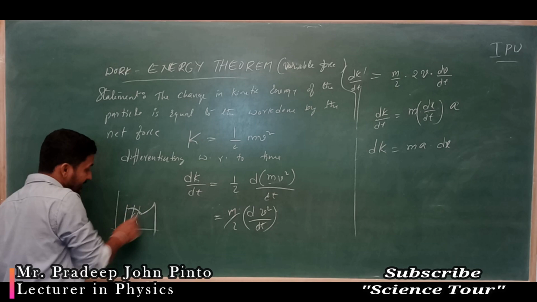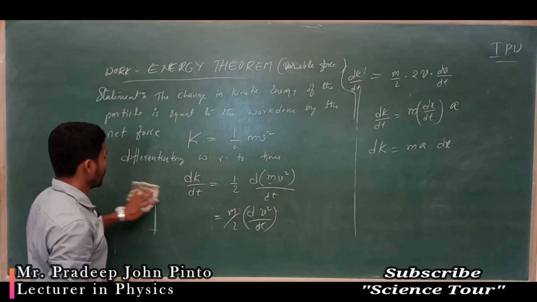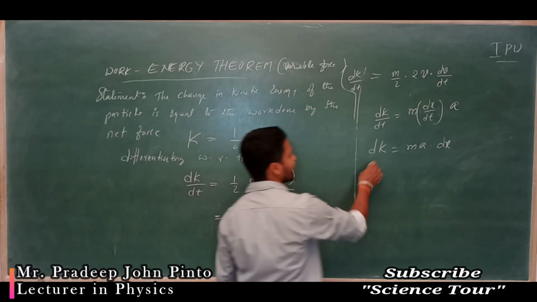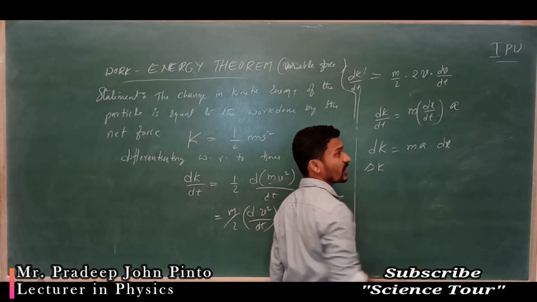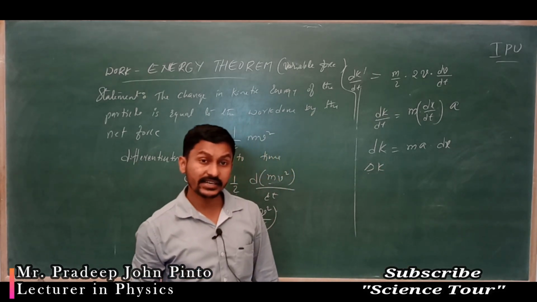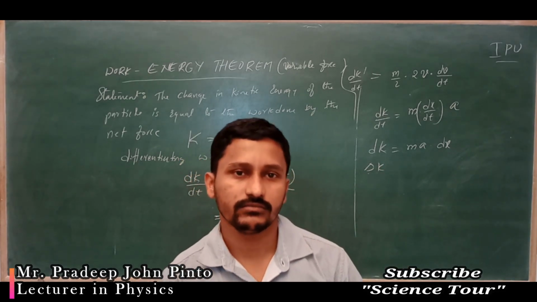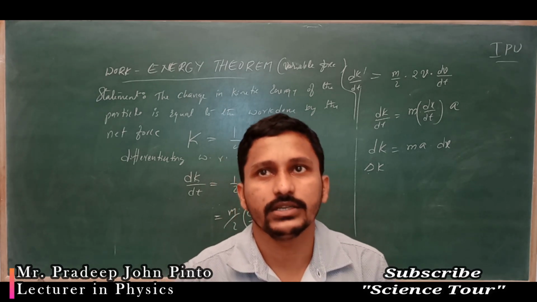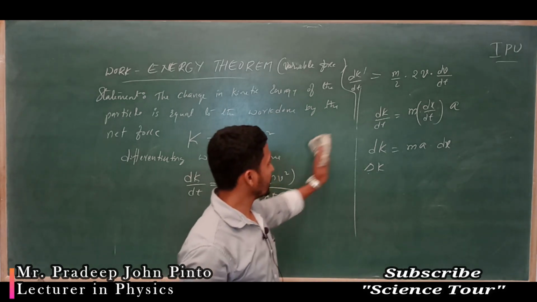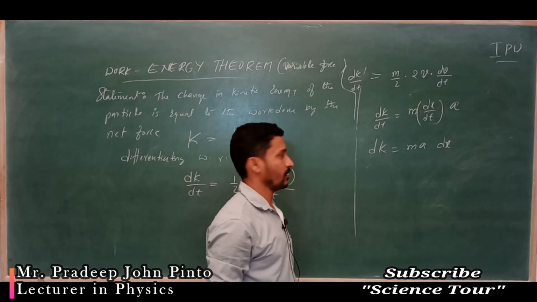Now total change in kinetic energy you want, no? dK means what? It is delta K itself, okay? Delta K means what? That is the difference. Why are you writing delta? Delta is the notation, that's all. x2 minus x1, delta is the notation. Now dK is also notation, that is a small change, okay.